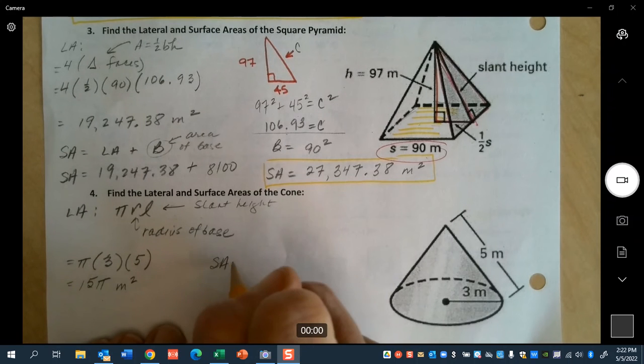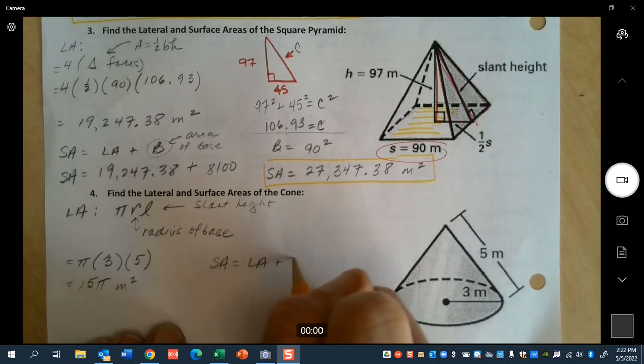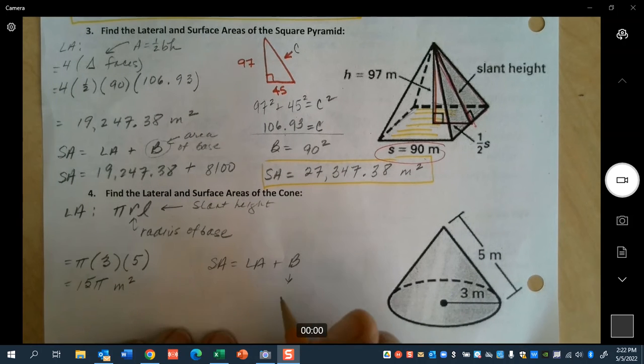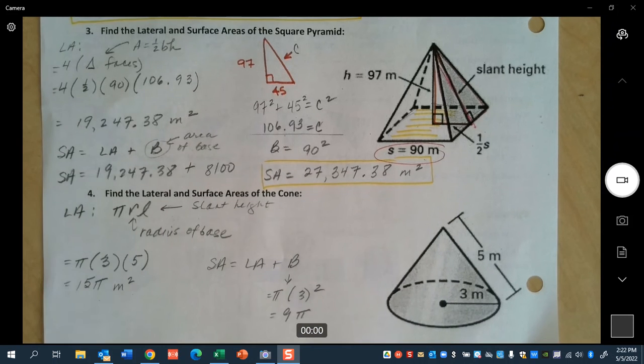My surface area is equal to my lateral area plus the area of my base. So we'll go ahead, that's a circle, so that's going to be pi times my radius squared. So that's going to be 9 pi.